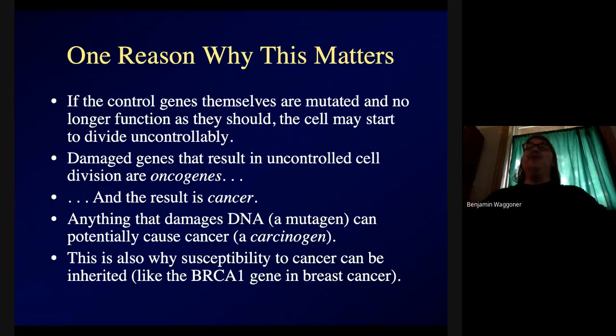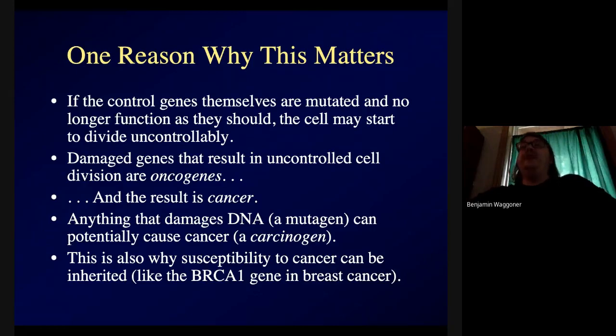That apoptosis thing that I talked about is kind of the fail-safe, in that a cell that starts dividing uncontrollably is supposed to switch over to apoptosis and quietly break up before it can do any damage.